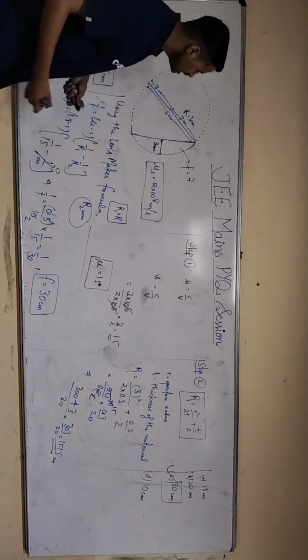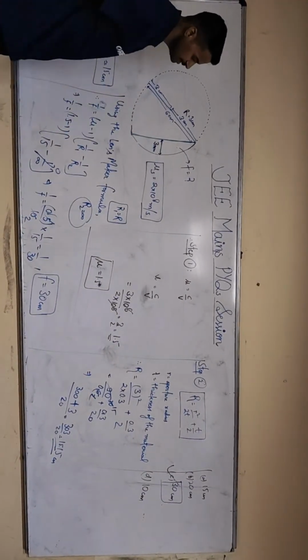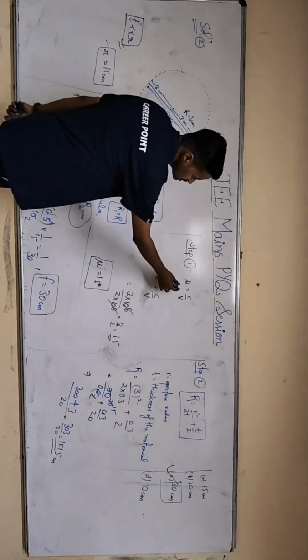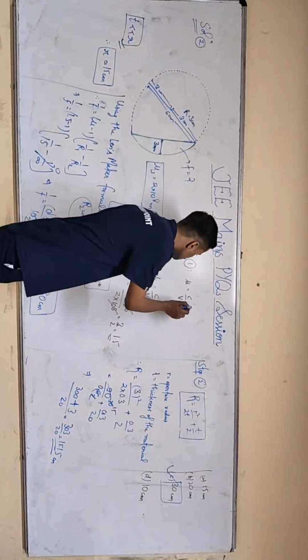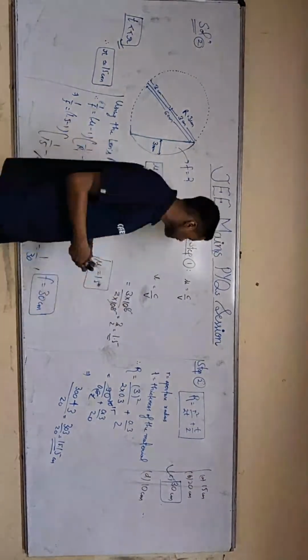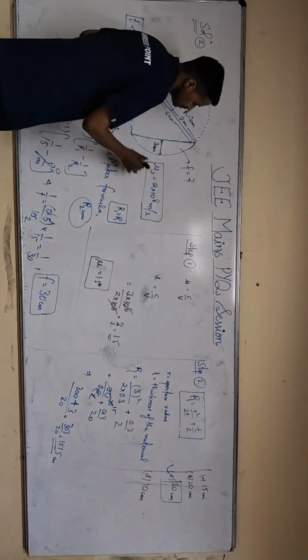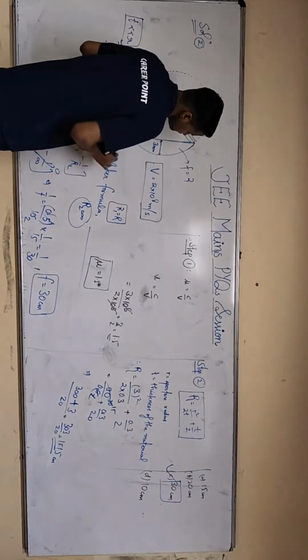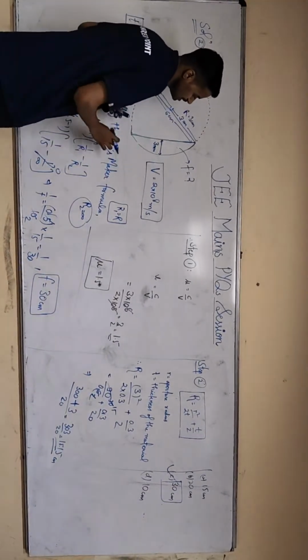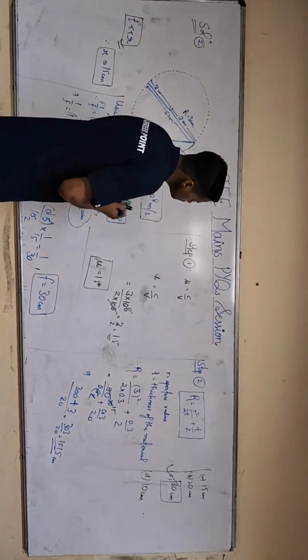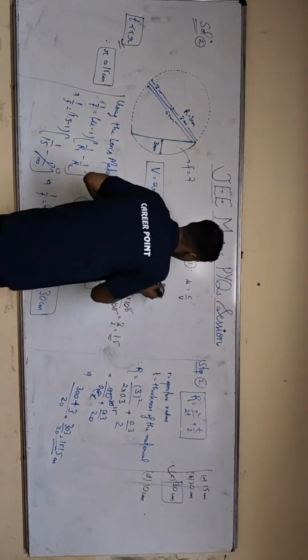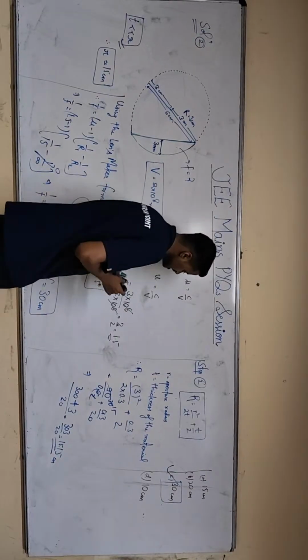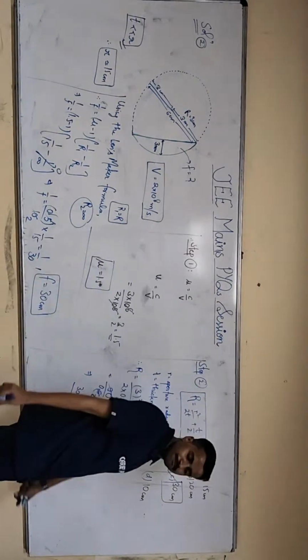And if the refractive index of the surrounding is given, you know very well mu is equal to C by V, the speed of light in vacuum upon the speed of light in the other medium. In this question we have given V is equal to 2 times 10 to the power 8. So put the value of V and get your answer. I hope it is clear to you. This question is very simple.